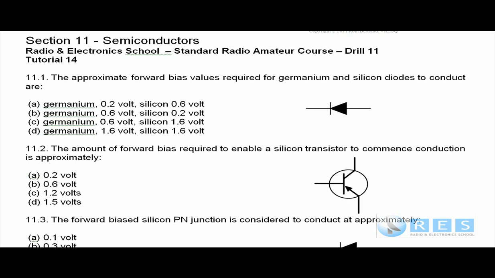And for a diode to conduct in the forward direction from cathode to anode, the bias voltage, the voltage you apply with the correct polarity, must exceed this voltage before the diode will conduct in the forward direction. Now, this is something you just need to remember.